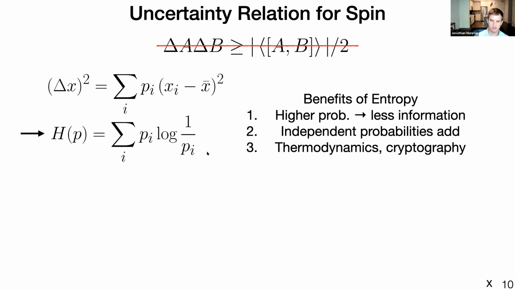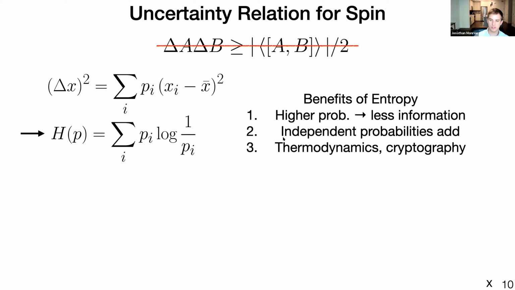This is coming from either a cryptography perspective or an information encoding perspective, where you think about the probability of a series of bits or series of outcomes. Entropy is also beneficial in that independent probabilities add together, and so you can easily calculate the information content of multiple measurements.